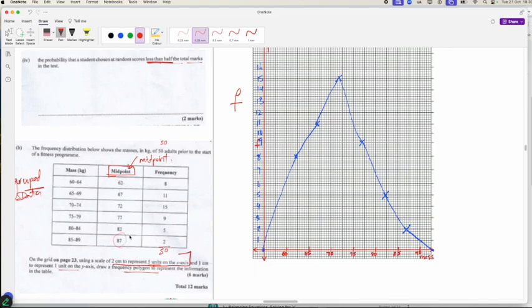The y-axis now is 1 centimeter to represent 1 unit on the y-axis. This is not a cumulative frequency, yeah? This is a normal frequency polygon. You notice how it does look like a normal distribution curve. Your frequency polygon usually, not all the time, but usually ends up looking like your normal curve.